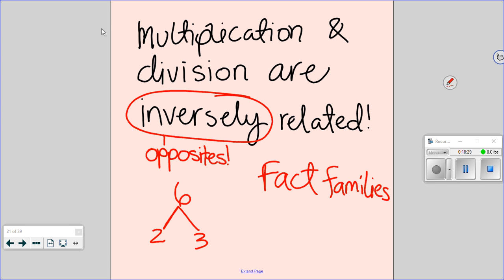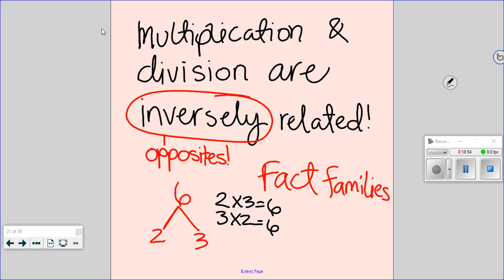It's not addition, it's multiplication. So I have 2 times 3 equals 6, or 3 times 2 equals 6. Gavin, this is the part where you're writing on paper.